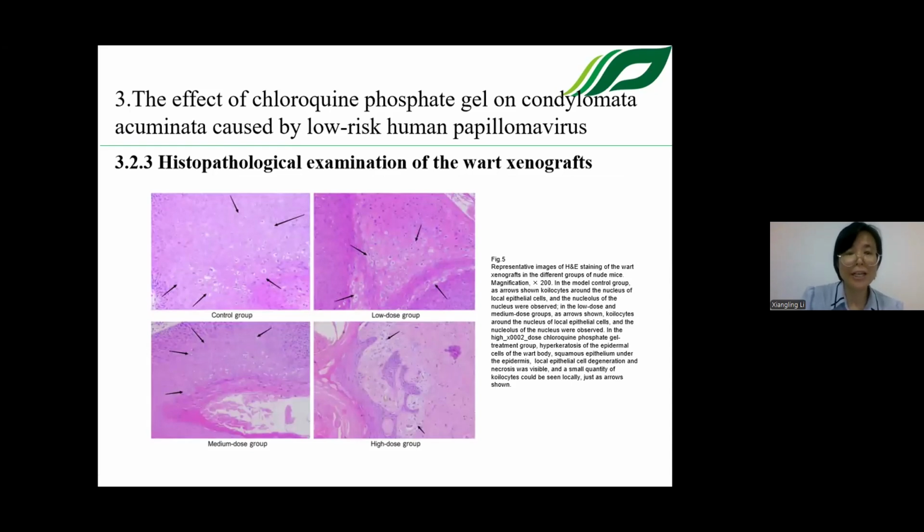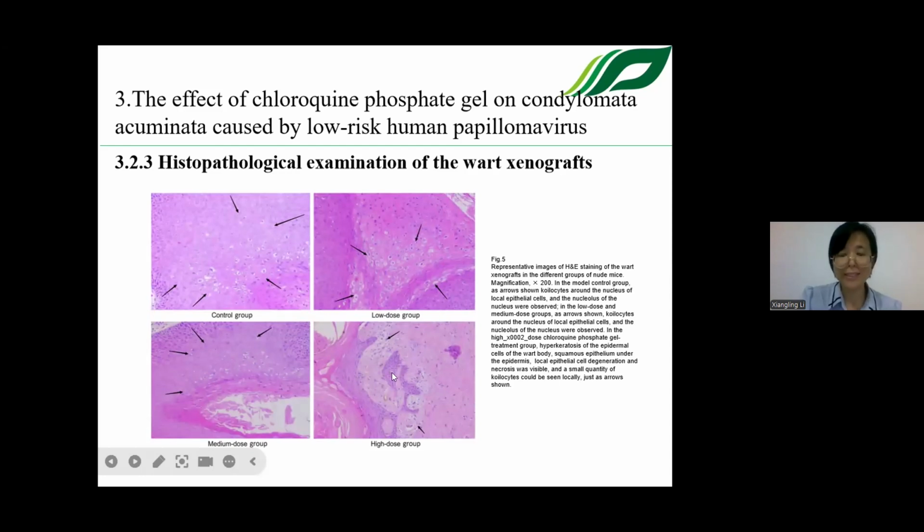Also, we did the HE stain to check the koilocytes in the tissue. Compared with the control group, we see that there are still some koilocytes in the low dose group and the middle dosage group.